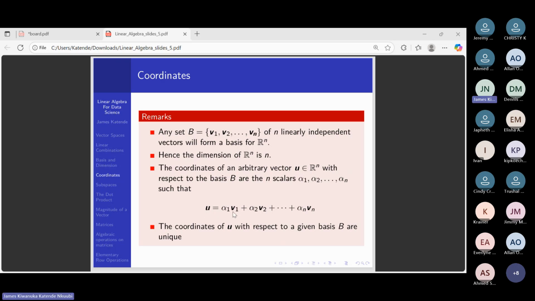And that linear combination is given here. Once you figure out this linear combination, then the coordinates will be this list of coefficients. Usually we write the coordinates as a vector, ordered in the same order as the vectors in the basis.